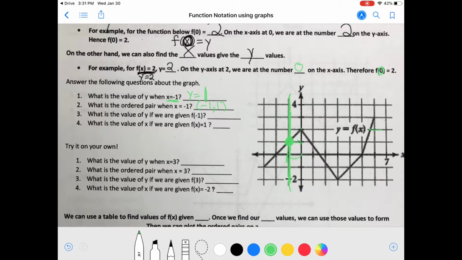So we substituted in negative 1 into f of x. So I know that my x value has to be negative 1. So it's the same thing that we did for number 1. If our x is negative 1, our y is going to be positive 1.